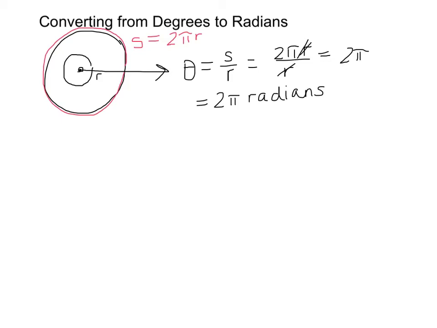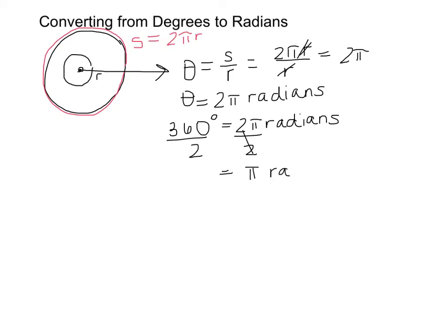And if you can remember, 2 pi radians, or one complete rotation of a circle, that angle measurement is the same thing as 360 degrees. So 2 pi radians is the same thing as 360 degrees, which means that if I divided both sides by 2, 1 pi radians would equal 180 degrees.